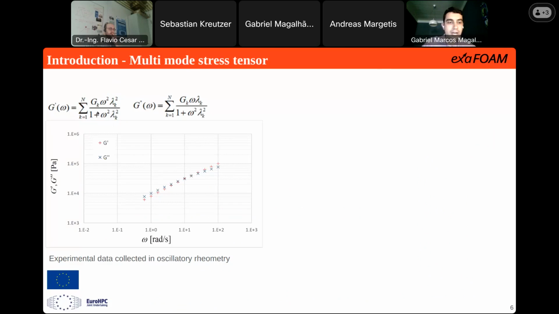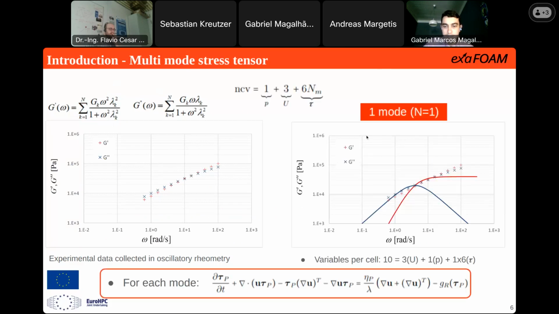So let's try to use just one mode to fit the equations to the data. Using just one mode, the fit is not good, as can be observed here on the graph on the right. But for this system with just one mode, we have 10 variables: 3 components for the velocity, the pressure, and 6 components for our symmetric tensor.